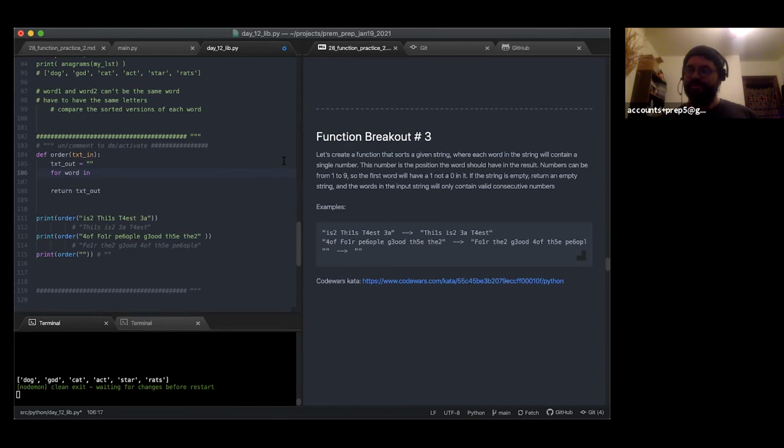So the question on the table is, how do I iterate through the words of the string, right? For this first test, if I print word, the first thing it should print is the word with a 2 in it.